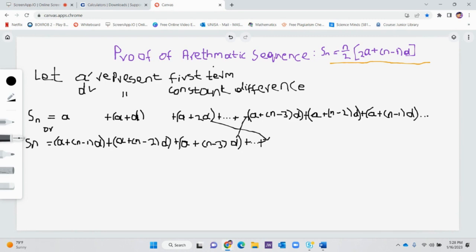And this is our equation 1. And then this one is going to be a plus 2d. We're taking these terms reversed.